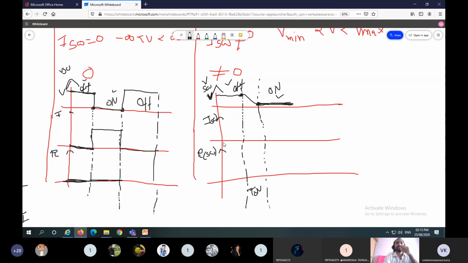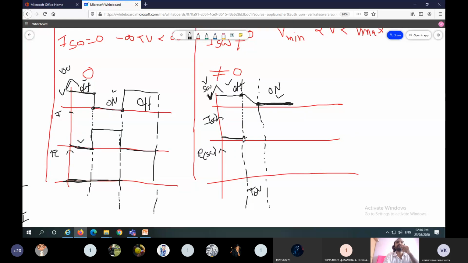So coming to current, under open circuit condition also there will be some flow of a very small amount of current. For an ideal device there is no current, the current is zero in the off state, but for a practical device there is some small leakage current like this.